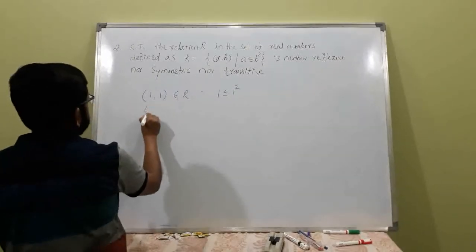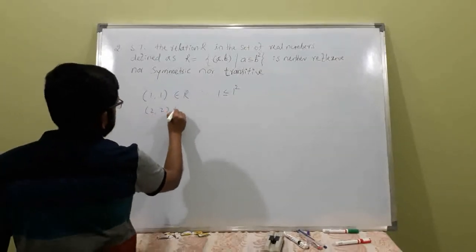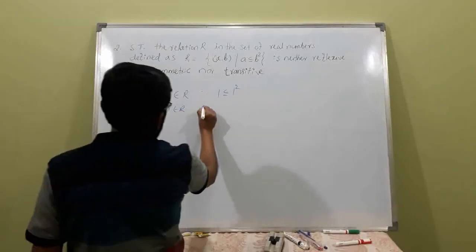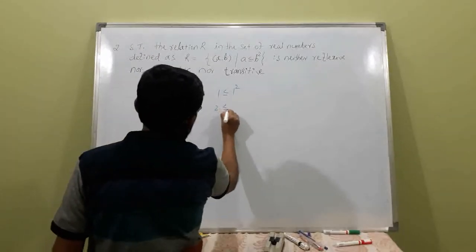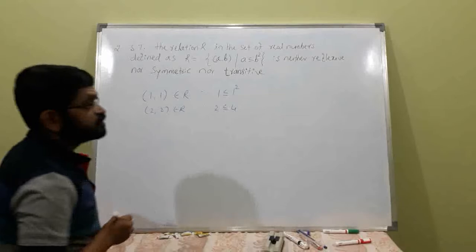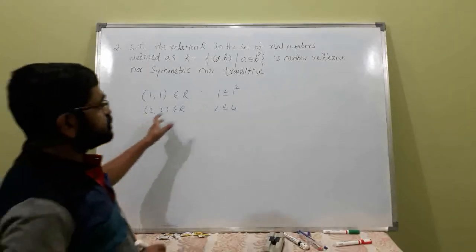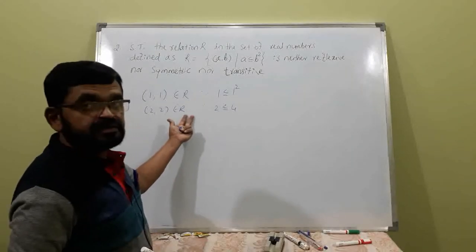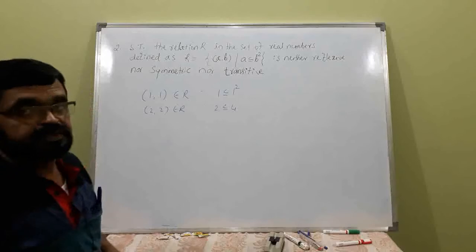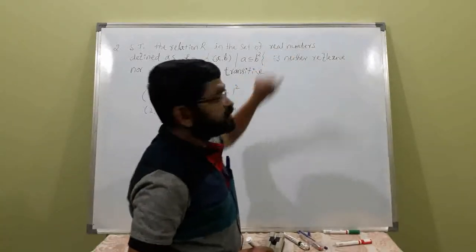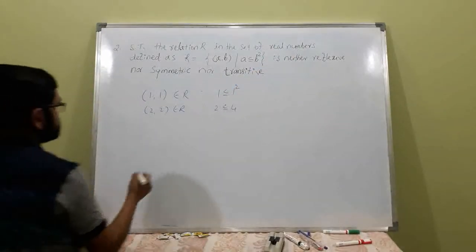Similarly, (2, 2) belongs to R because 2 is less than or equal to 2 square, 4. If it is natural numbers, the reflexive property will be satisfied, but this is real numbers. You have to check for other numbers also.